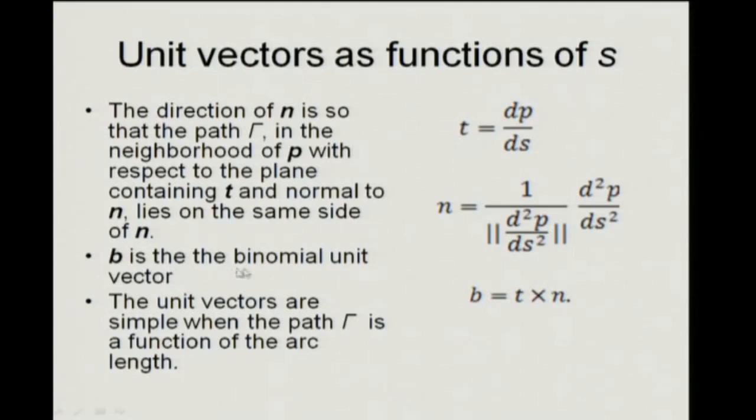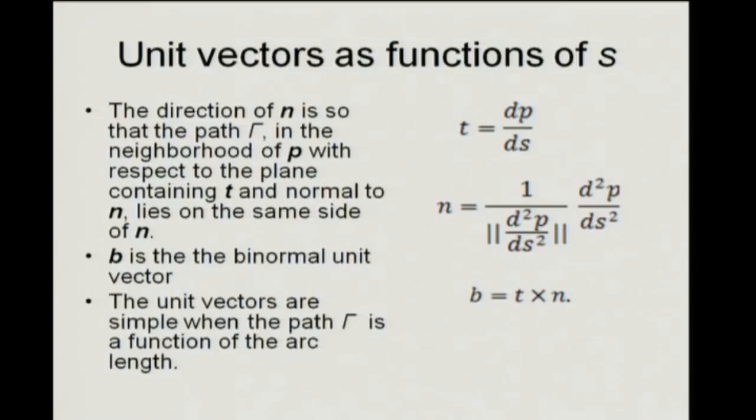Then the third vector is B, it is called the binormal unit vector. Finally, if you write tau as a function of the arc length, then these are very simple.